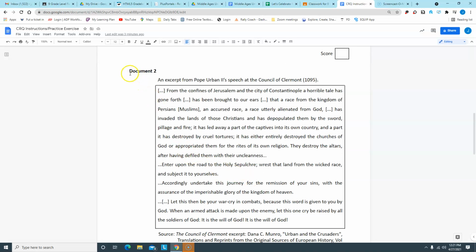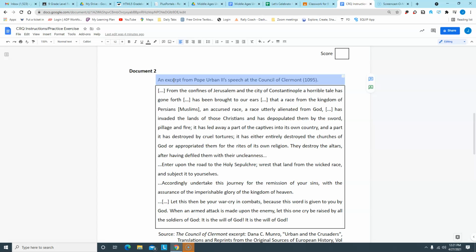Document 2 has a title, or some sort of quick description of what you expect to read about. It's an excerpt, and an excerpt is always a part or a portion of a larger something.